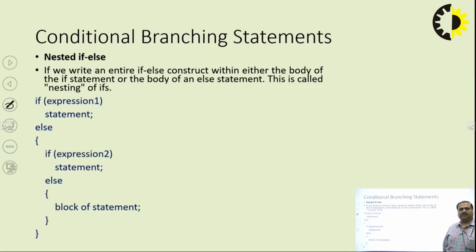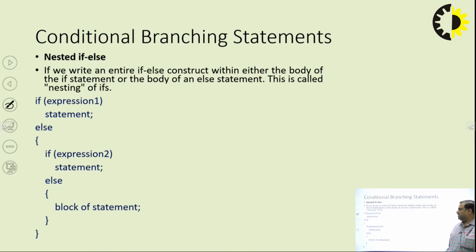Next thing is nested if block. Nesting is a process of containing the same construct within itself. So, like the if or else block may contain another if else block inside its block, then this kind of arrangement will be treated as nested if.